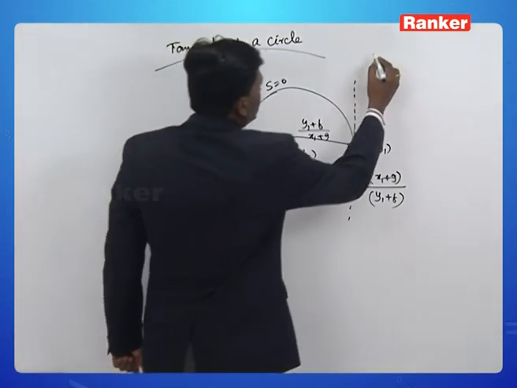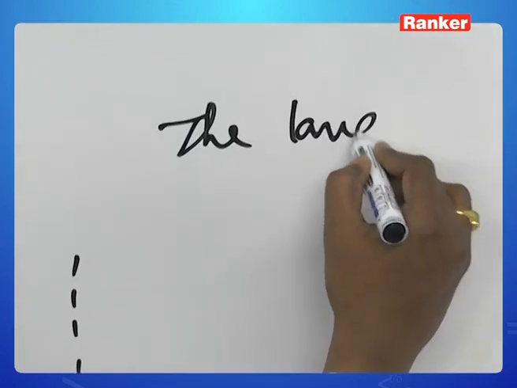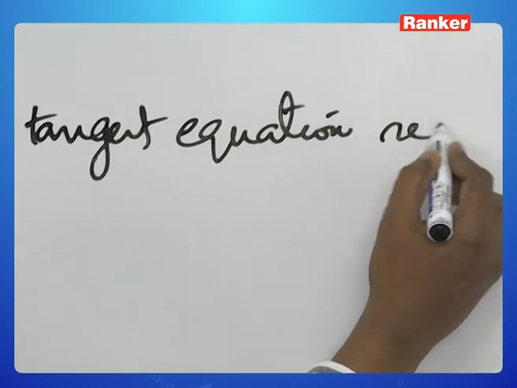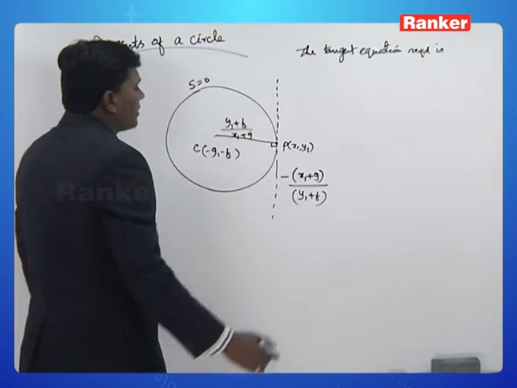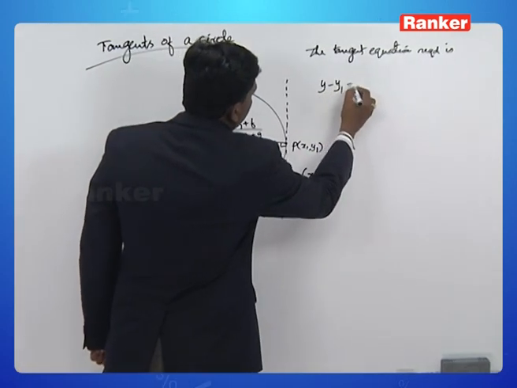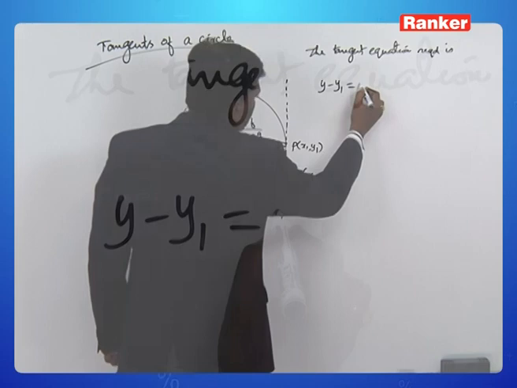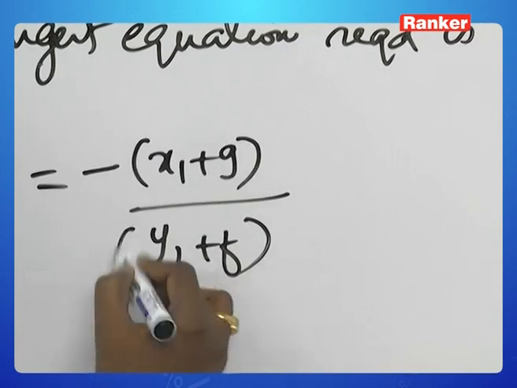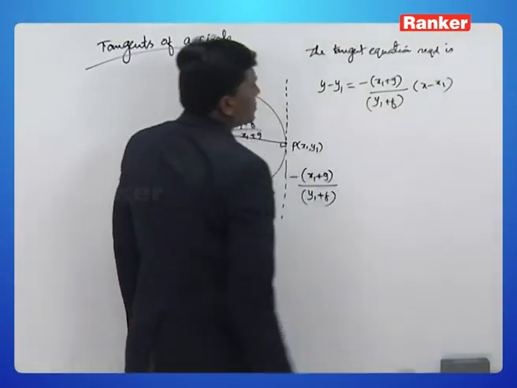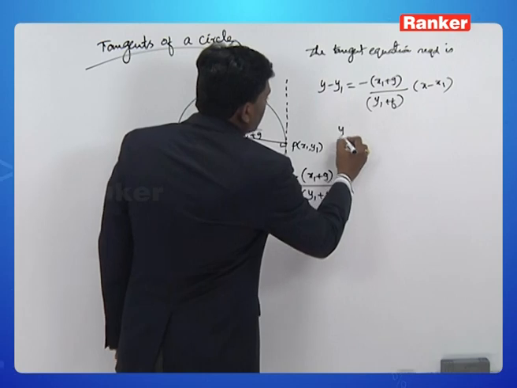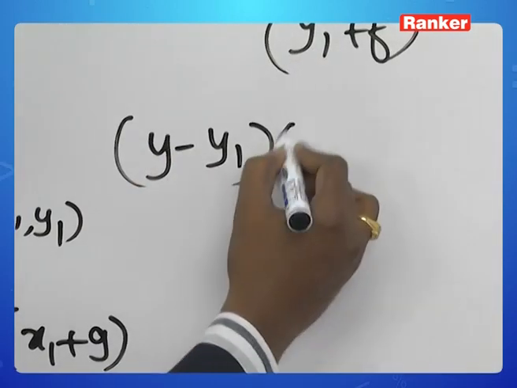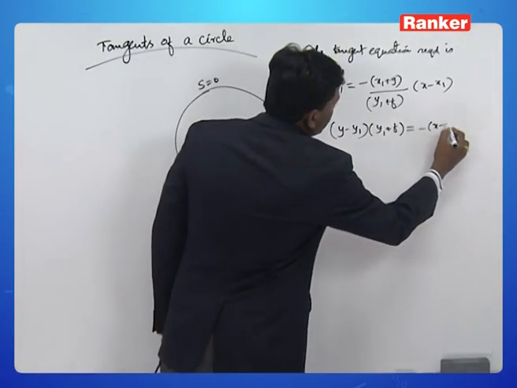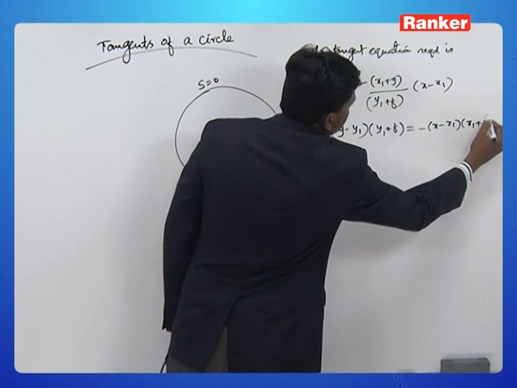Therefore the tangent equation required is y minus y1 equals to the slope, minus of (x1 plus g) by (y1 plus f), into (x minus x1). On simplification, (y minus y1) into (y1 plus f) equals to minus of (x minus x1) into (x1 plus g).